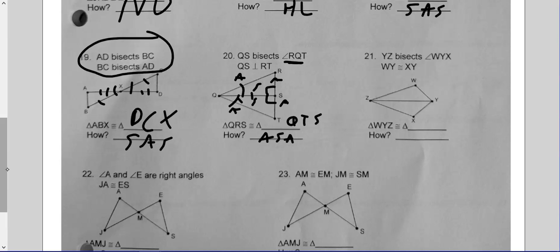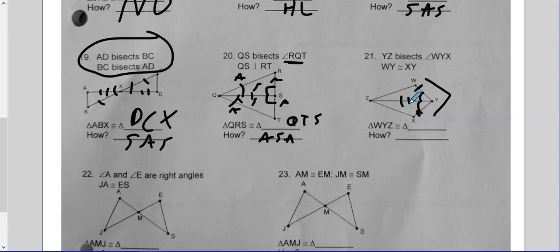21. YZ, the line segment, bisects WYX. WYX is this angle here, so it bisects it into this angle and this angle. WY is congruent to XY. And what can we mark that's not marked or given?